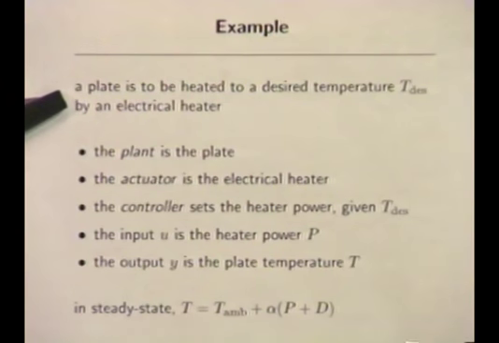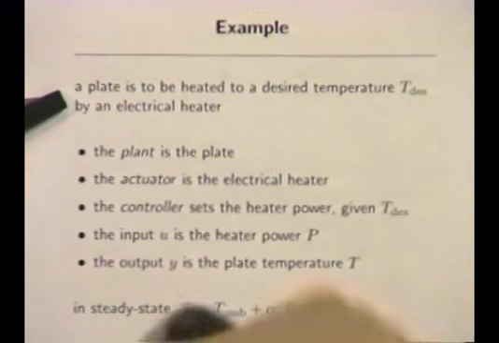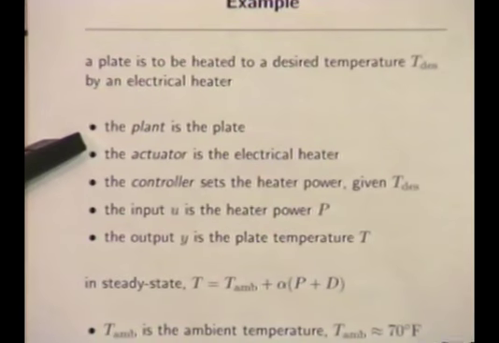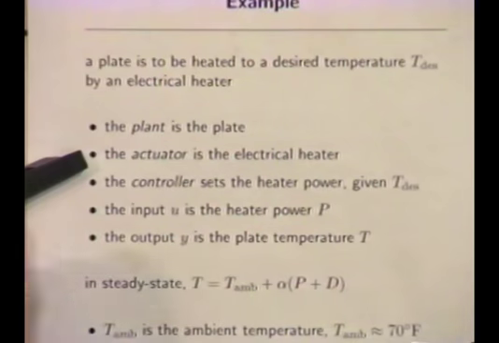We have a plate, and we want to heat it to a desired temperature, T desired. And we have an electrical heater, which we're going to use to heat it up. So here, the plant is the plate. The actuator is the electrical heater. That's the thing that converts our electrical signal into something that actually affects the temperature of the plate.